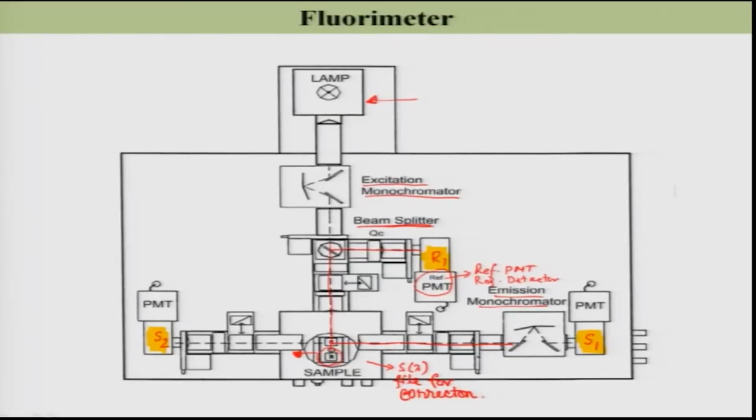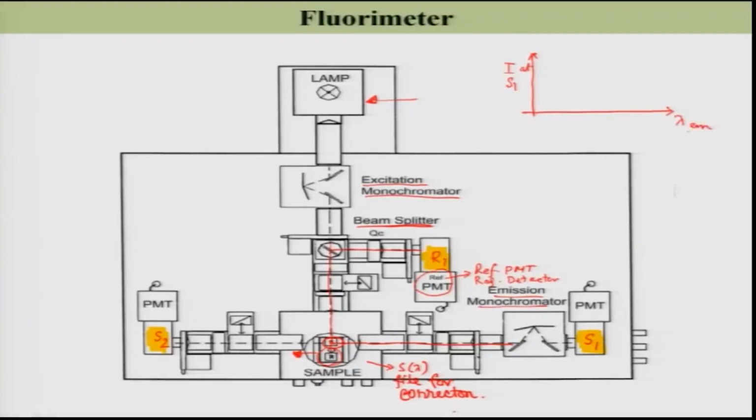Suppose now you are measuring emission spectra, you put your sample over here and now you are recording your sample, right. So, what can you do? You can measure the intensity at S1 plotted versus lambda emission.